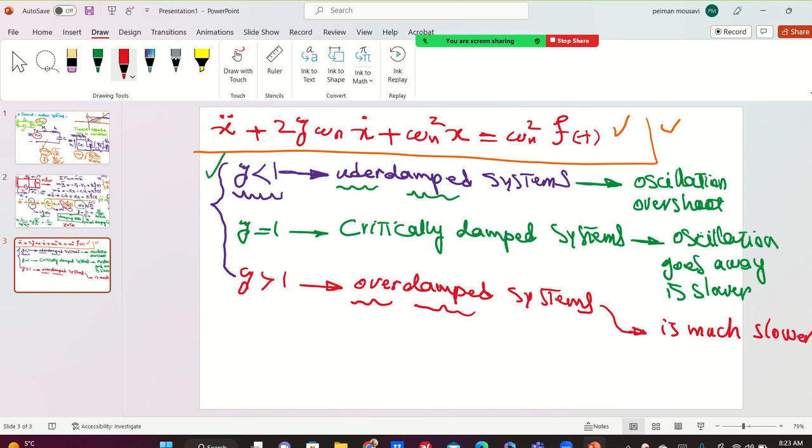So these are universal definitions for second and higher order systems that they are stable. When I'm saying stable, it means based on the Routh stability criteria that I'm going to teach you.